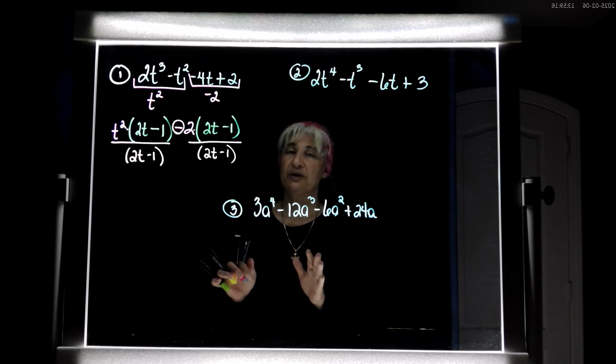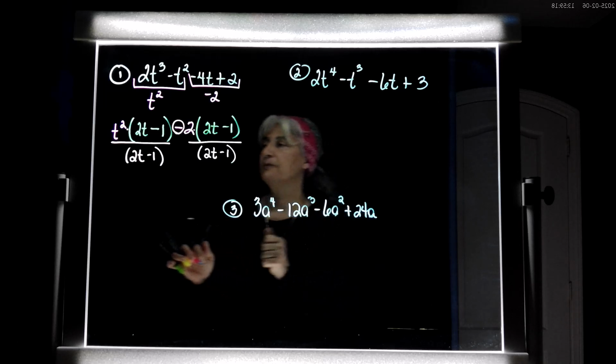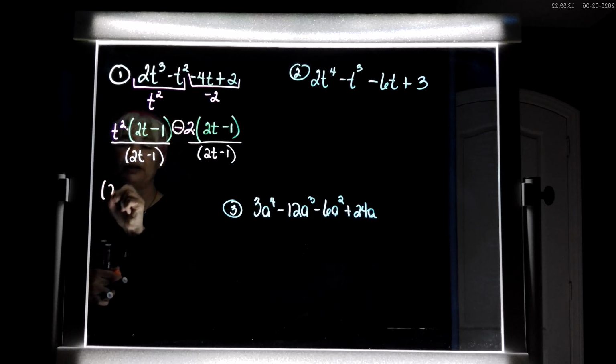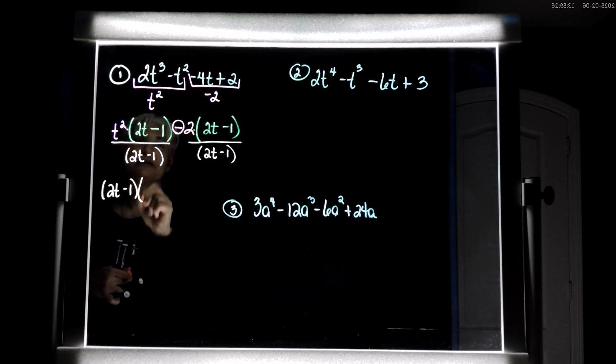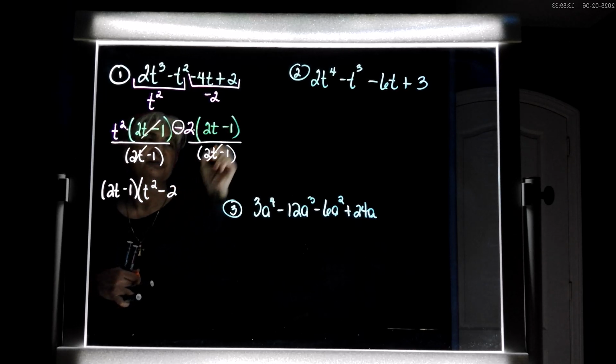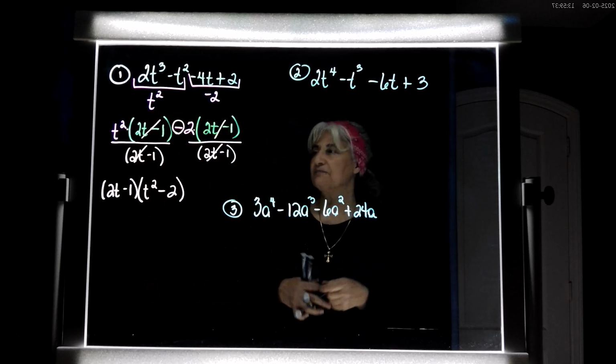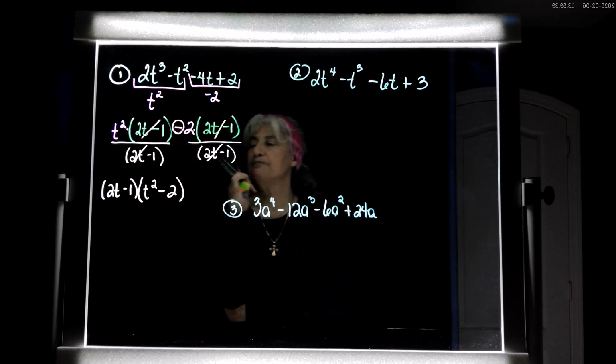If they work out, they work out. All right, so you decided to take out a 2t minus 1. Tell me what remains. Good, these cancel, so you're left with t squared minus 2, because these drop out to a 1. Yes? Okay.